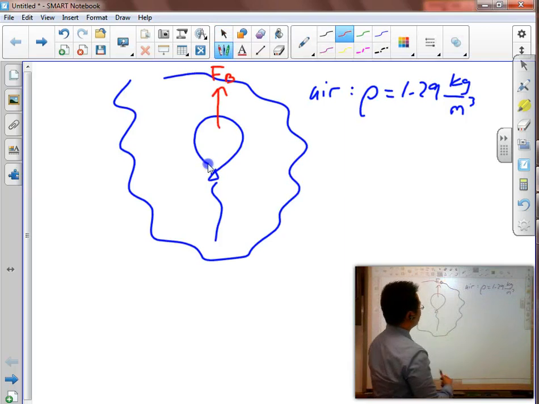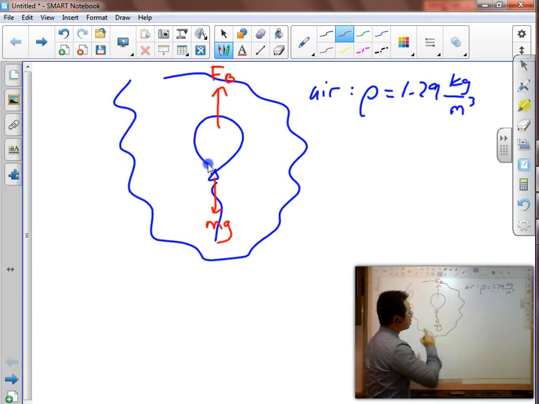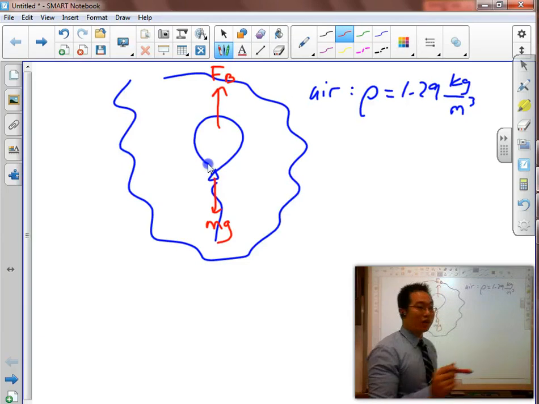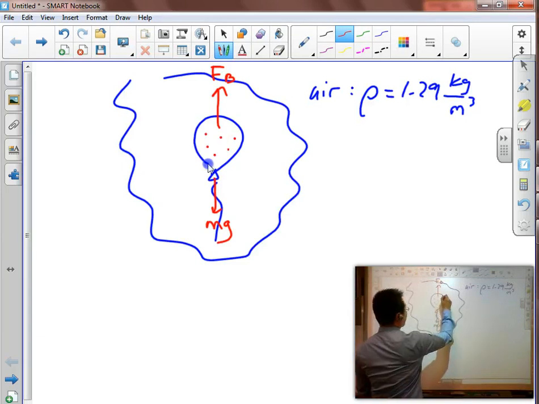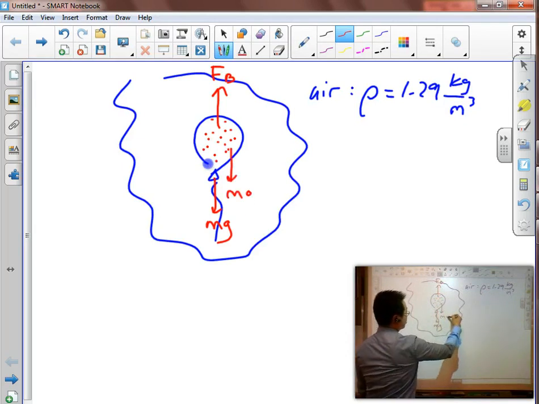to counteract the weight of the balloon and the weight of the gas inside the balloon.